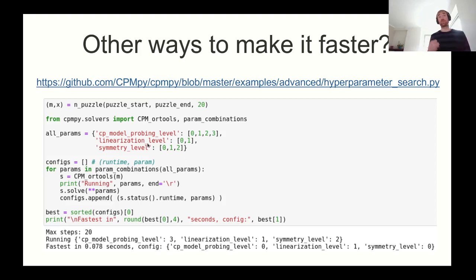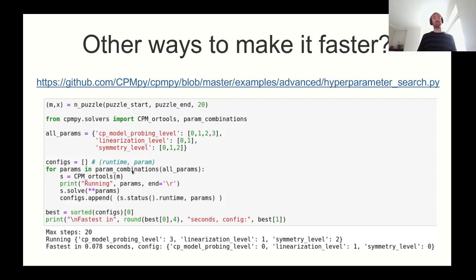And this is something that can also be automated. So we actually have an example in CPMpy that does this hyperparameter optimization for the OR-Tools solver. If, for example, we consider these 3 hyperparameters of OR-Tools, we try all possible values. For linearization level, it will try either 0 or 1. For symmetry level, 0 or 1 or 2.